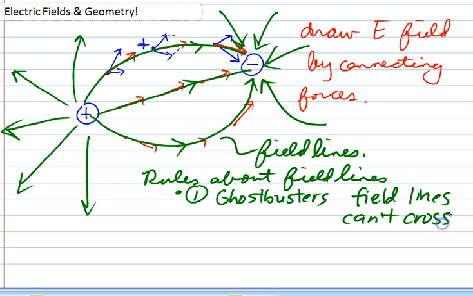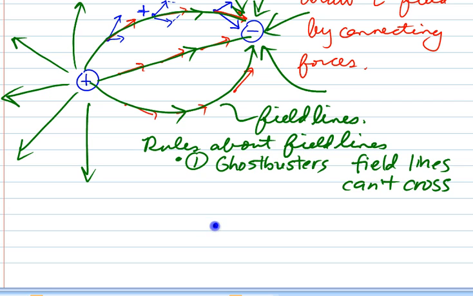And the reason behind this is that it would cause a contradiction. Because what is a field supposed to be telling us? It's supposed to be telling us the direction of the total or the net force on a charged particle. So if, for example, here's my point and I had one field line going like this and another field line going like that, well, what that would tell me is that there's a net force going this way and there's a net force going this way.